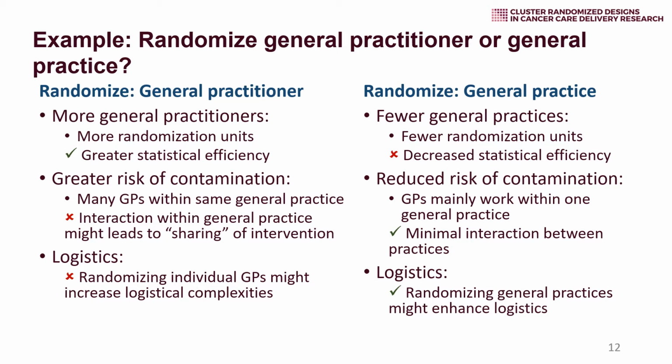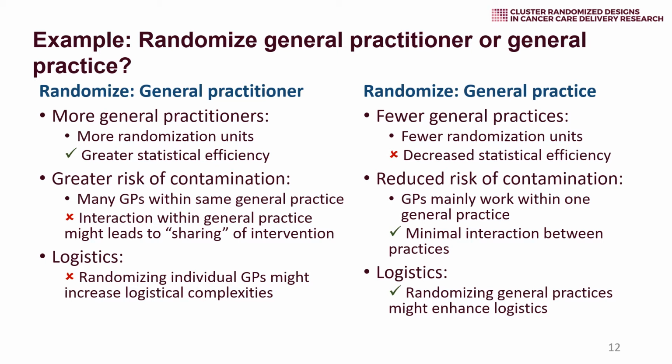But on the other hand, there may be a greater risk of contamination. Many GPs work within the same general practice, and the interaction between those GPs might lead to sharing of the intervention. So that's not a good thing. In addition, randomizing individual GPs might increase the logistical complexities of the trial design.